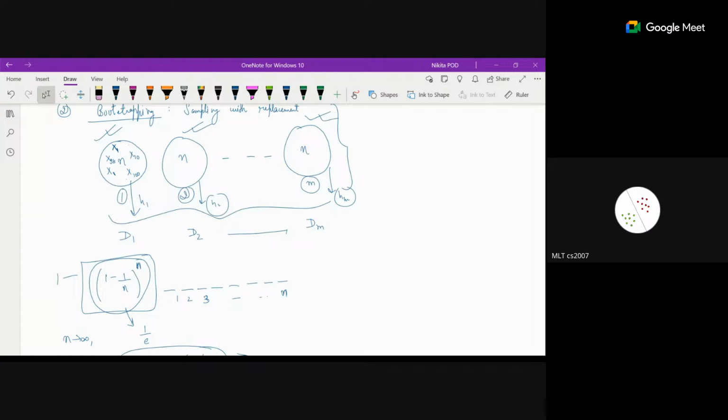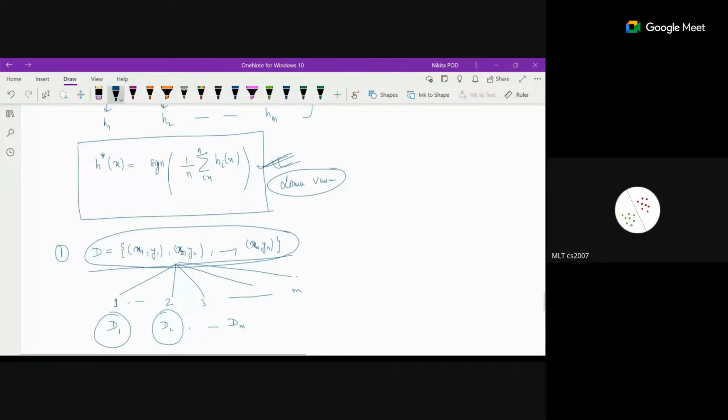What it helps in is that these H1, H2, and HM, all these weak learners that we get, the weak decision trees, we want to make them as uncorrelated as possible, so that when we aggregate all these Hi's and find our H star, this H star should have a much lower variance. This is the idea for random forest.